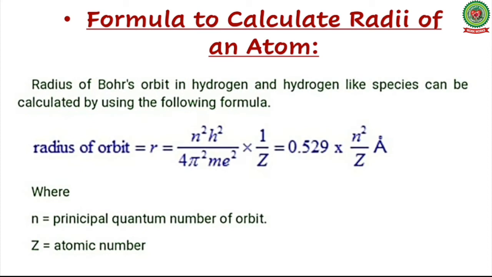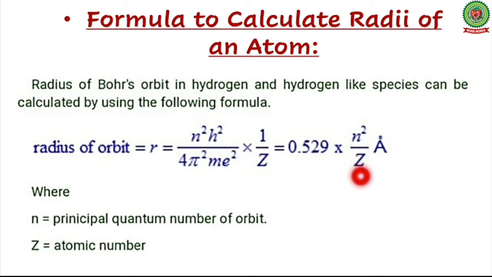By using the formula, radius of orbit r equals n square h square by 4 pi square m e square, when we substitute the values of these constants and multiply by 1 upon Z, the atomic number, the value that we get is 0.529 into n square upon Z angstroms, where n is the number of the shell. For the K shell, the n value is 1, for the L shell the n value is 2, and so on.